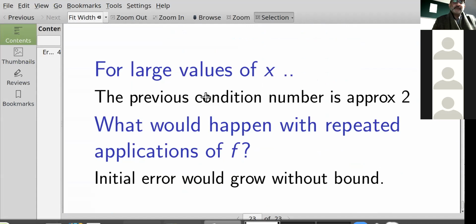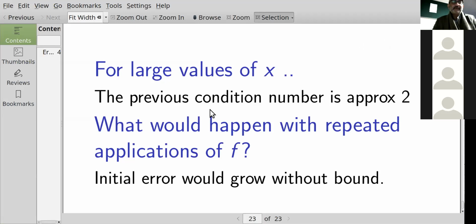Whereas if you had some function with a condition number less than 1, then you wouldn't have this problem of the relative error blowing up. Okay. Are there any questions about this part? All right. If not, we'll move on to the next part of the lecture.